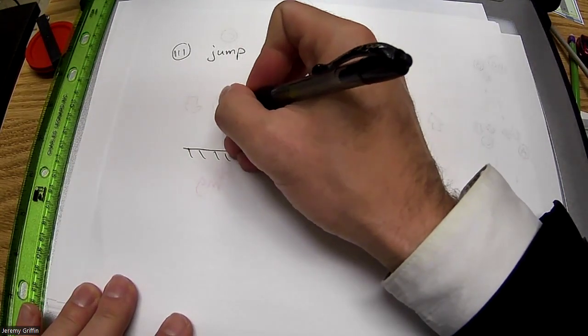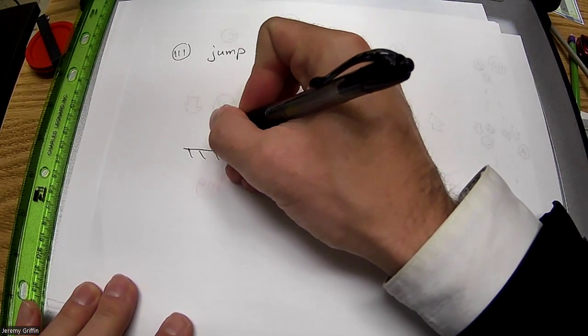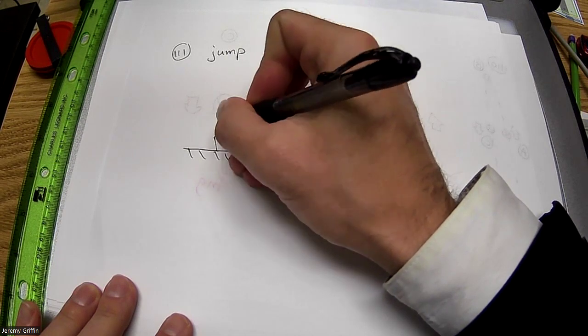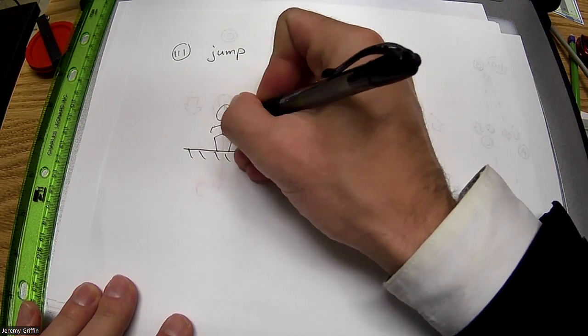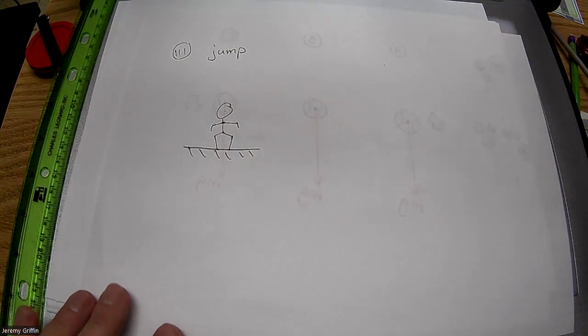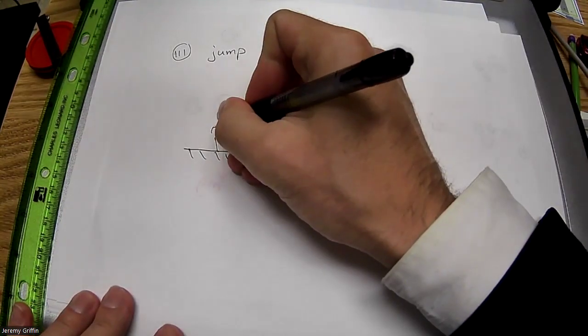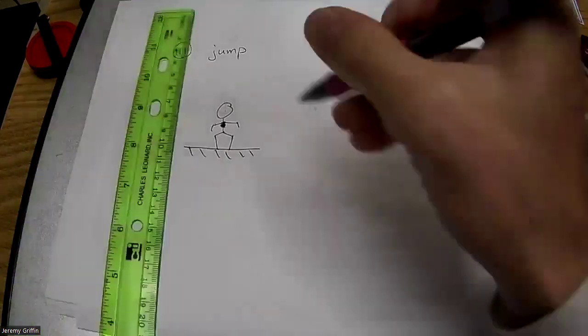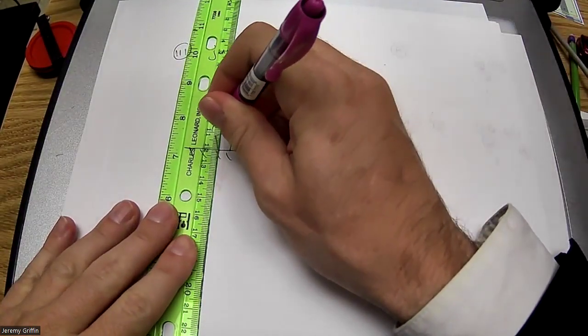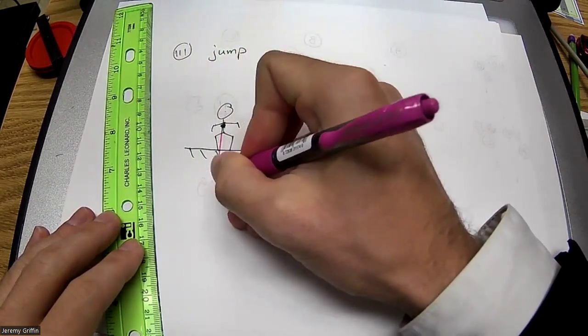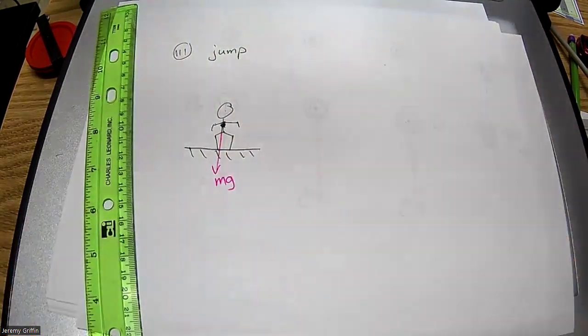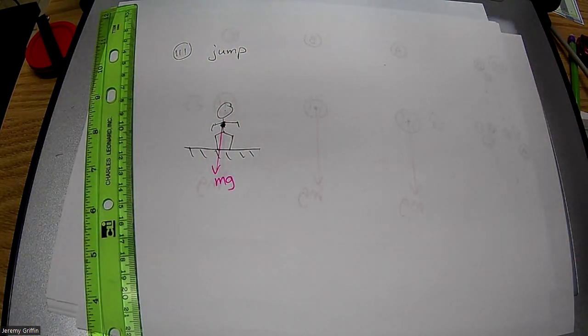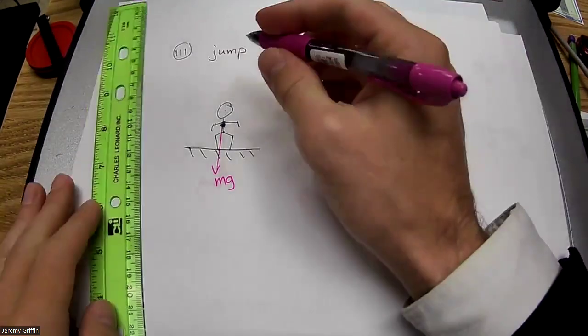How about a person, let's say, I'm going to put him in this squatting position. He's jumping. Does this guy have a weight pulling down? mg. Right. Now guys, if he's pushing himself upward, so overall he's accelerating upward, how does the upward force compare to the downward force?